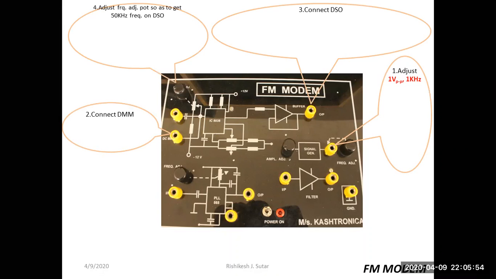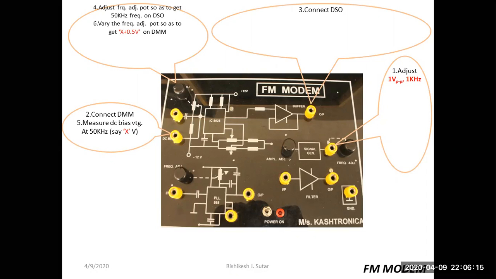Now you can adjust the frequency at the spot so as to get 50 kilohertz frequency on the DSO. We can measure the DC bias voltage at which I am getting the 50 kilohertz signal on the DSO. I can assume this DC bias voltage as X volt.